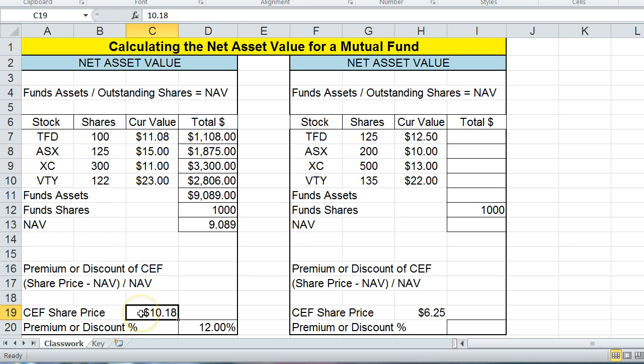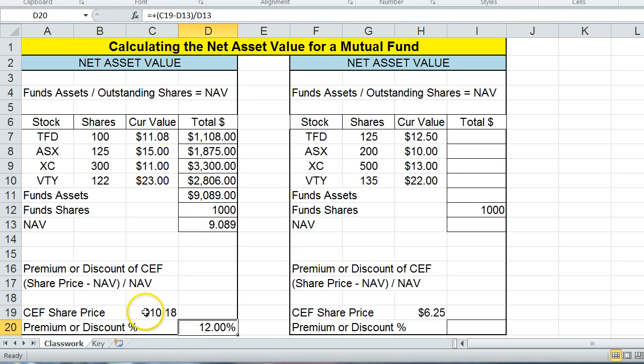So in this case, if we're going to say that this was a closed-ended mutual fund that's trading at 10.18, to calculate the difference, we would take the share price of the closed-ended fund at any time that we're looking at, 10.18, and then we subtract the net asset value from it, and then finally we would divide it by the net asset value.